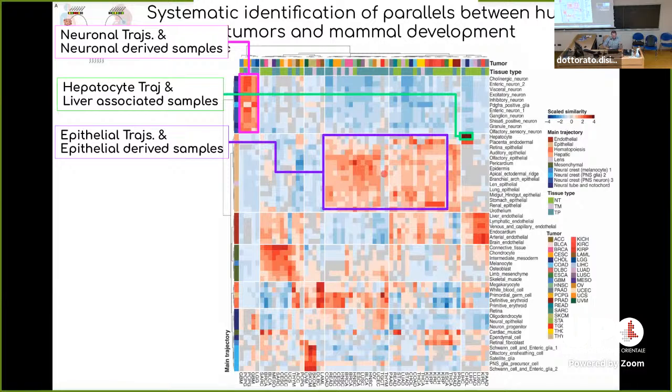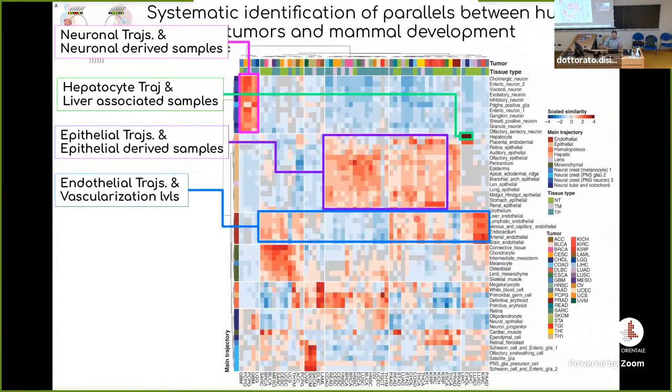There is then the block of the epithelial-derived trajectories, which highlights the epithelial-derived tumors, which are actually divided into two blocks depending on their level of vascularization, which is highlighted by the endothelial trajectory.